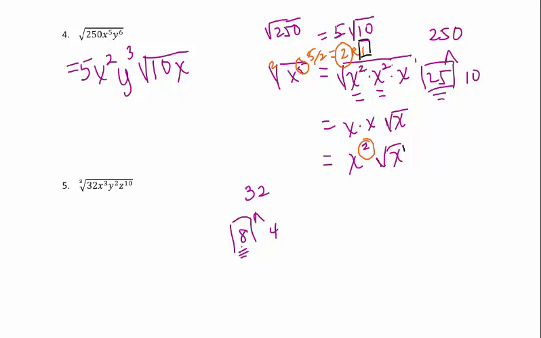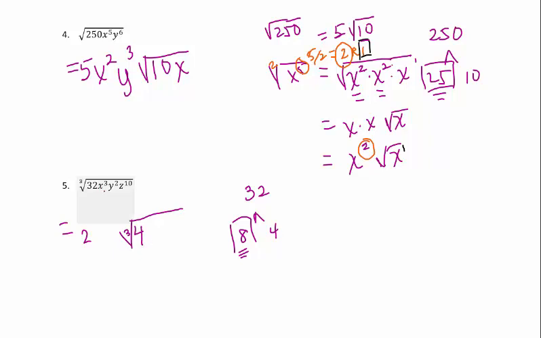That's the largest perfect cube factor. So right away, we know that the cube root of 8 is 2, and then I'm going to leave a little space, and the cube root of 4 will remain under the radical.